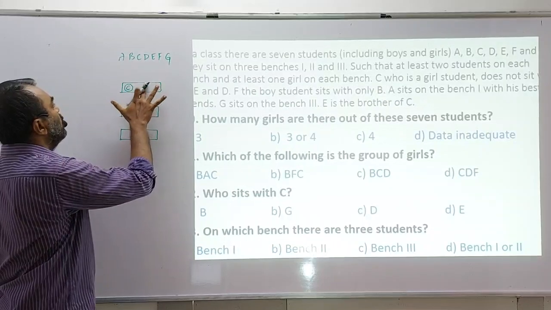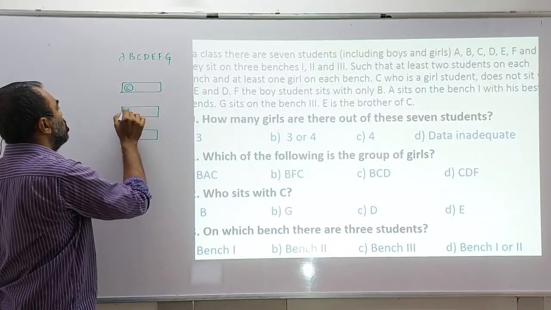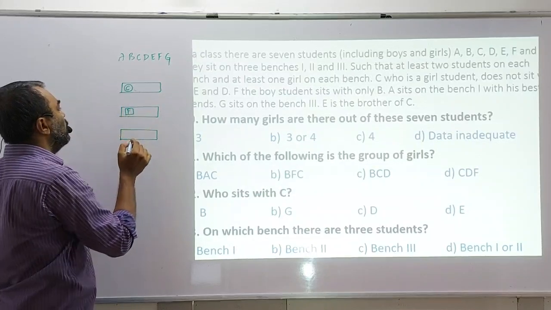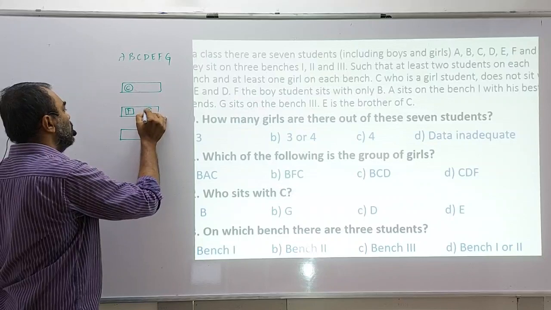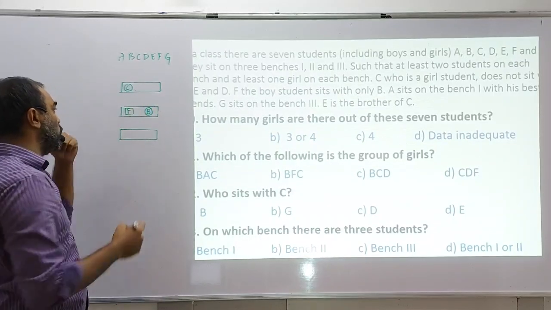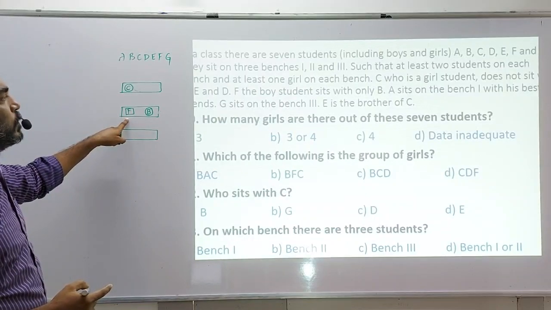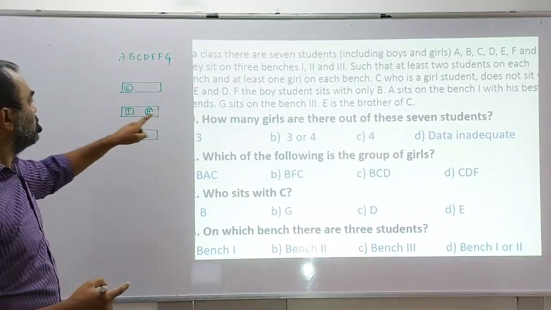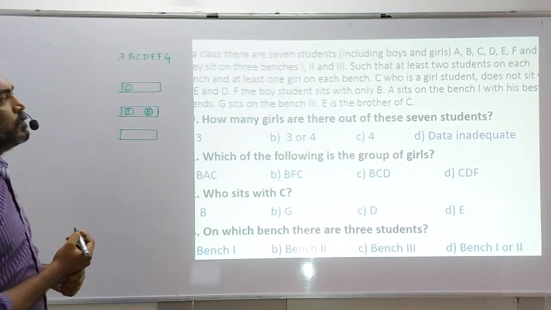So I cannot put it here because this bench should have only 2 students. So F is a boy, I put in a square, and sits with only B, which means B will be the girl, because there is at least 1 girl on each bench.